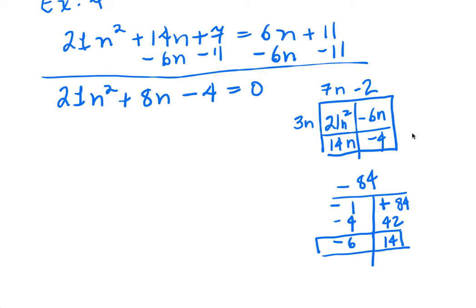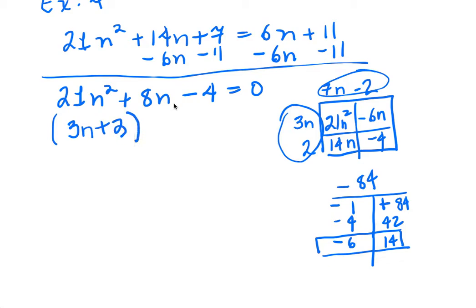And then this way, 14n and minus 4, that's going to be a 2. So these are my factors. This factors into 3n plus 2 times 7n minus 2.